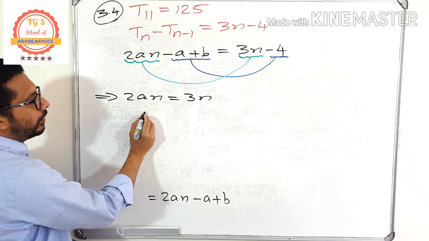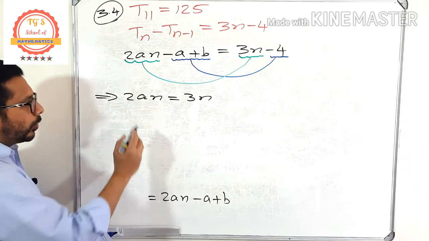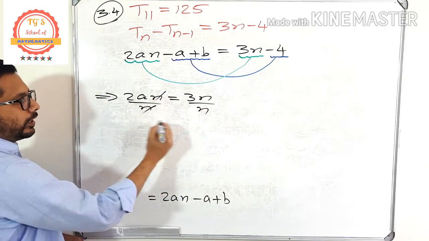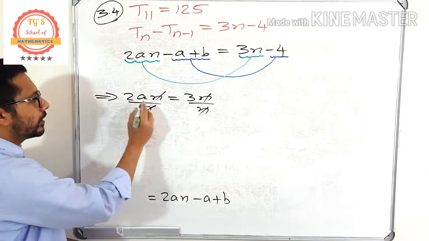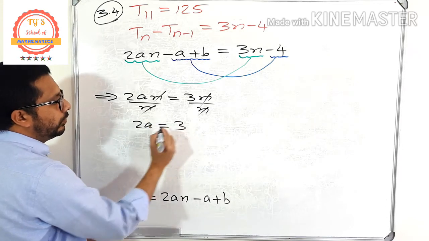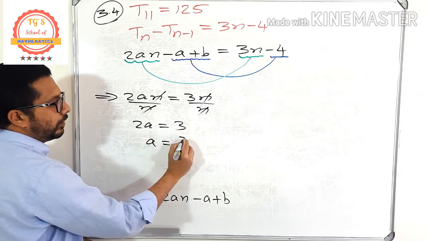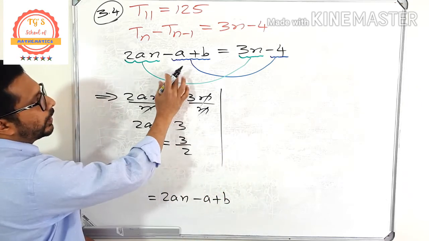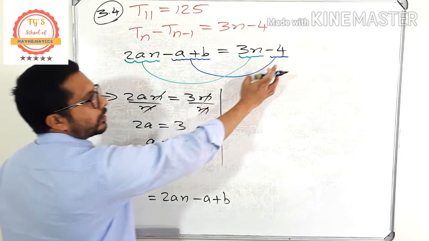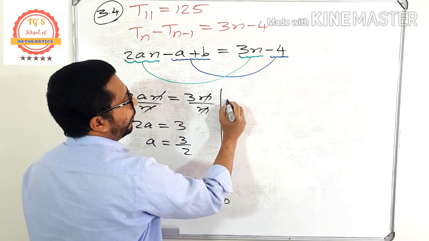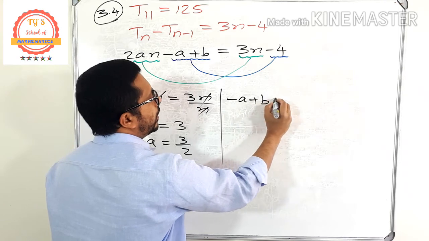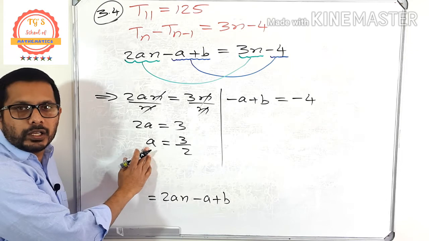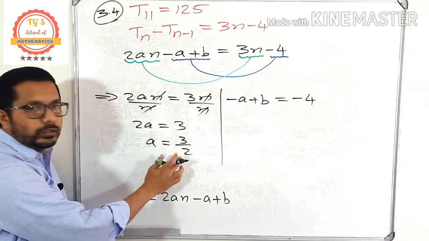If I divide both sides by n, what is going to happen? This n and n cancel. So what is the answer? 2a is equal to 3. So what is the value of a? 3 over 2. Now what is remaining? Minus a plus b is the same as minus 4. We already got the value of a, 3 over 2.